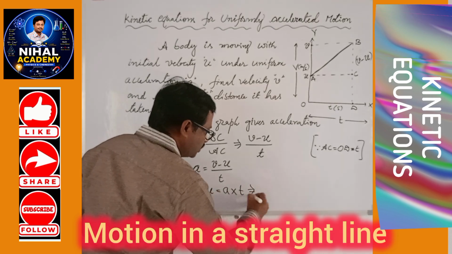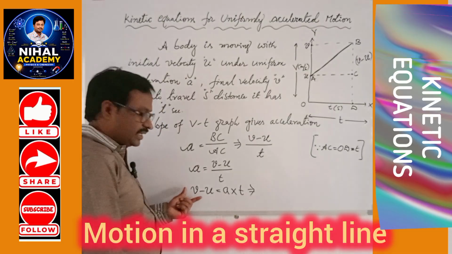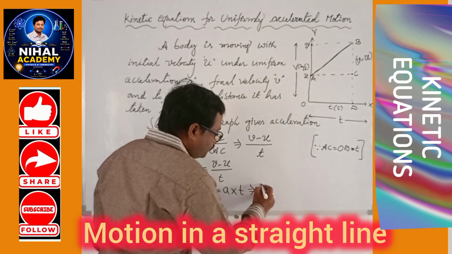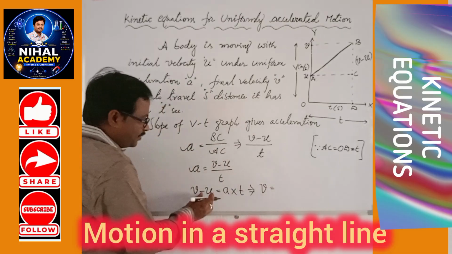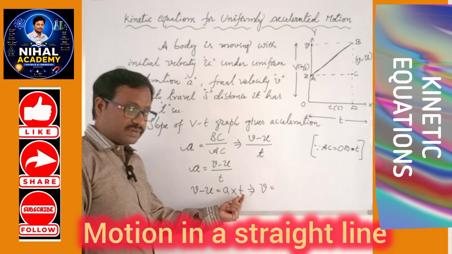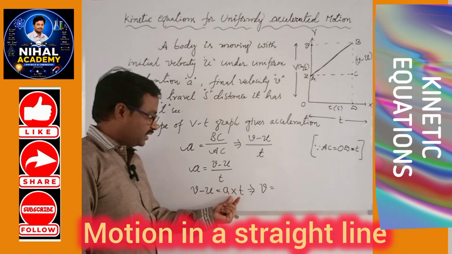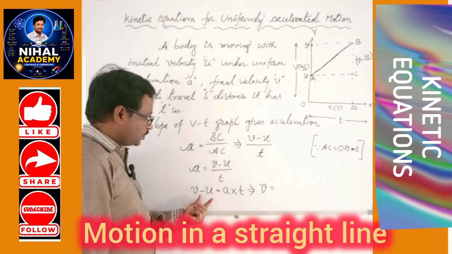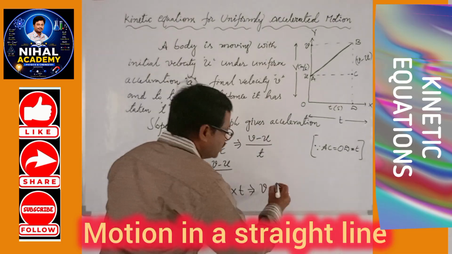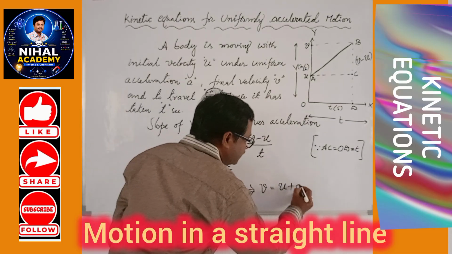So from this, how can we write v, the final velocity? If you take the minus u to the right side of the equal symbol, it becomes plus. So v is equal to u plus at.